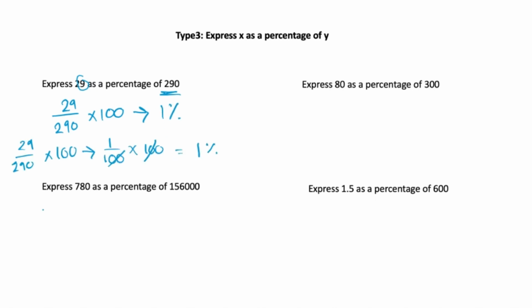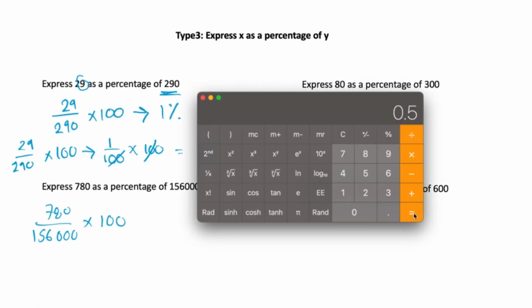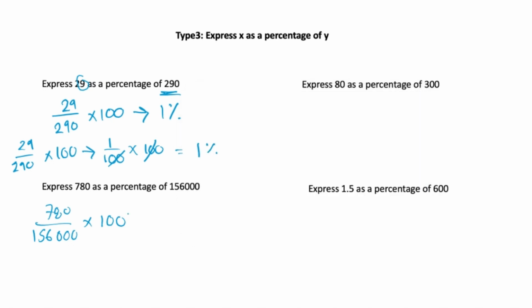Now next question. Express 780 as a percentage of 156,000. Same thing. So 780 over 156,000 times 100. Use your calculator for that. The answer is 0.5%.